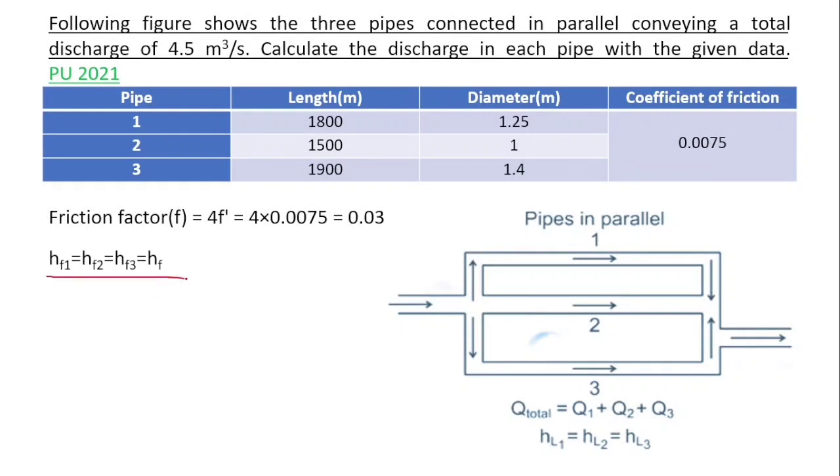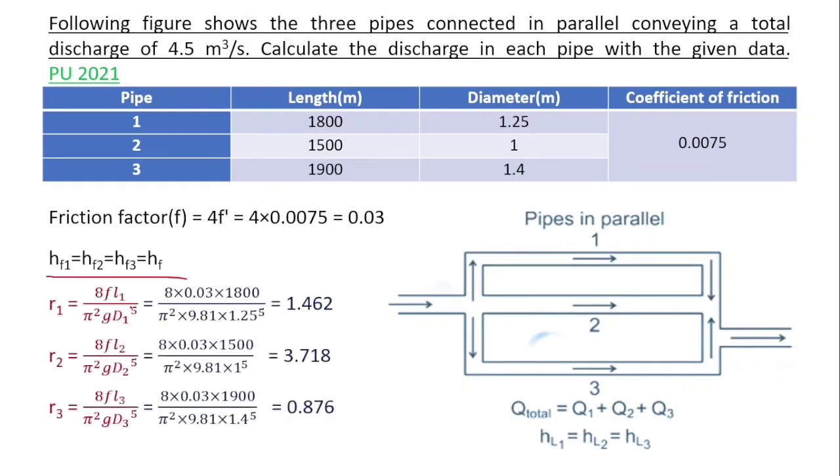By this formula, the value of f is 0.03, L1 is 1800, D1 is 1.25, so we got the value of R1 as 1.462.